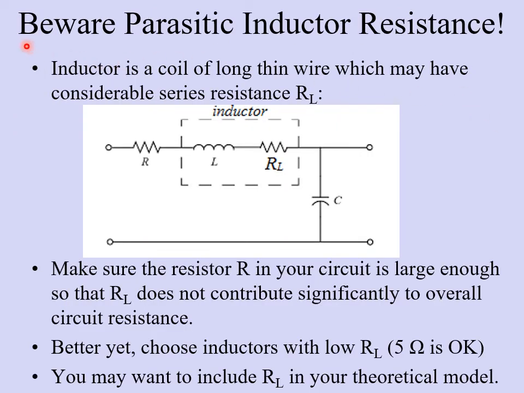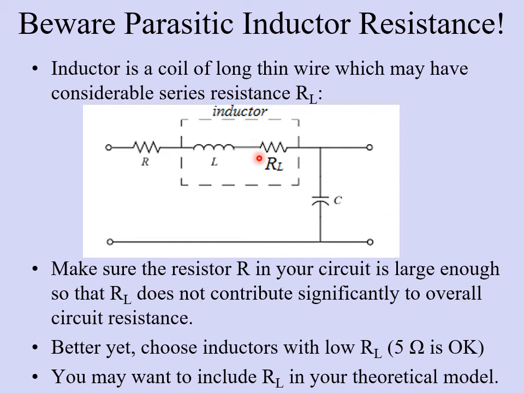One other thing is to beware of parasitic inductor resistance. An inductor is a coil of long, thin wire, and it can have a considerable amount of parasitic series resistance. We think of an ideal inductor as having no resistance at all, but an inductor actually has a series resistance added to it because of all that wire that's coiled up inside.